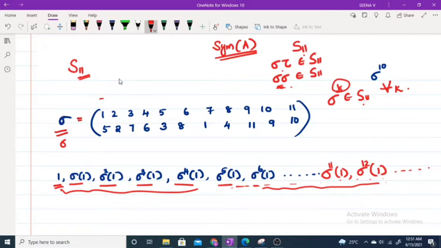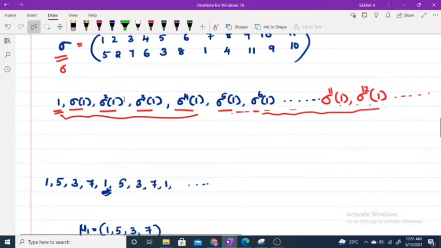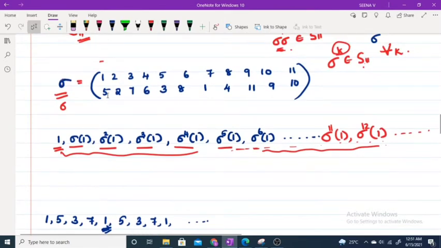So if you look at our example, what about sigma(1)? Sigma(1) is 5. Sigma squared(1) is sigma of sigma(1), so 1 goes to 5 and 5 goes to 3. So sigma squared(1) is 3. And sigma raised to 3 of 1 is, again, apply sigma.